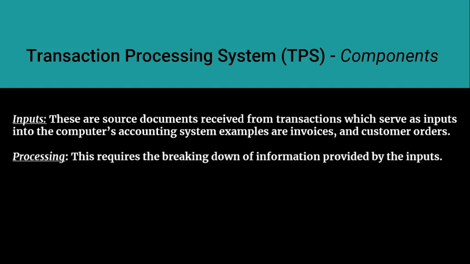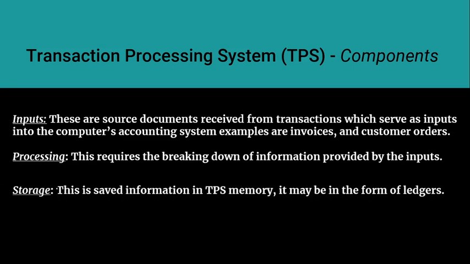Right? The next component is processing. This is the breaking down of the information provided from the input area, and that's why it is called processing. Right, the next component is storage.